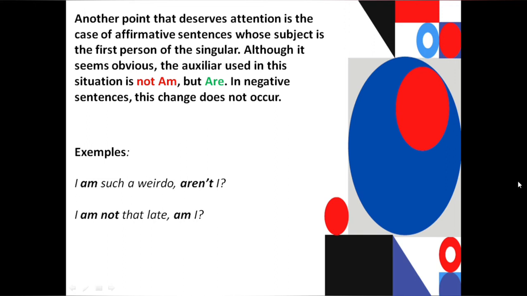So here, when I'm talking about myself in the first person: I am such a weirdo, aren't I? Okay, in my opinion, I am a weird person, and I want you to confirm this information. So I go to you and say, oh, I'm such a weirdo, aren't I? Okay, so here, my sentence is affirmative.